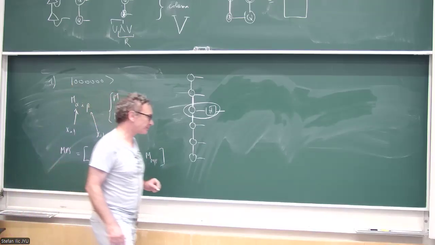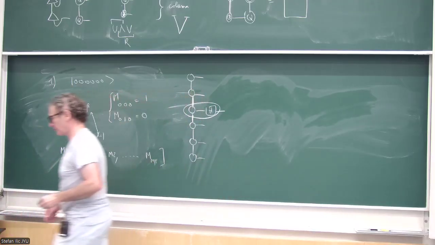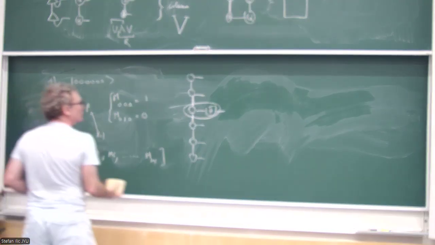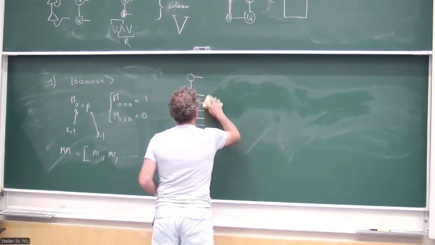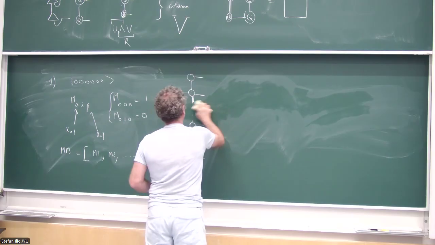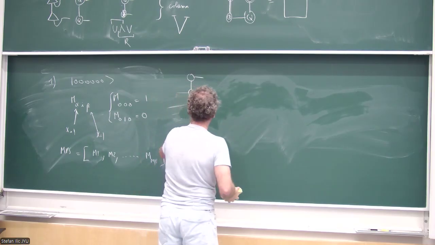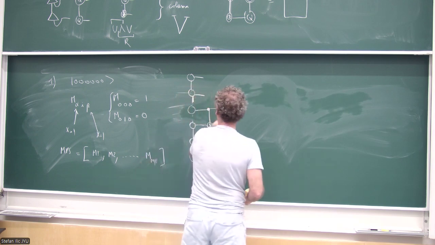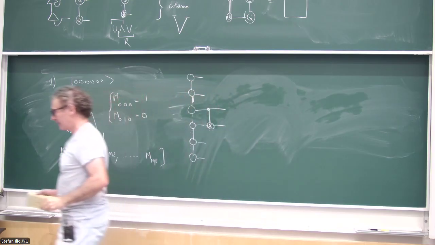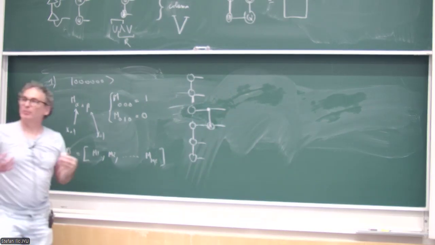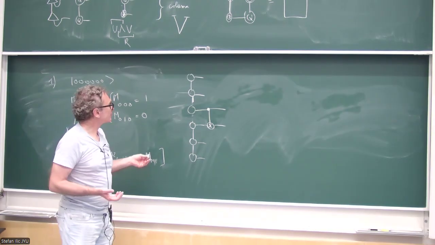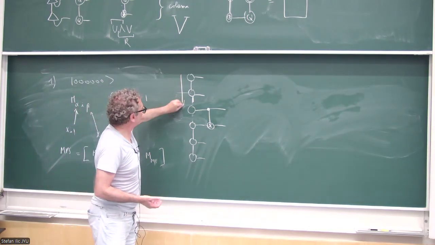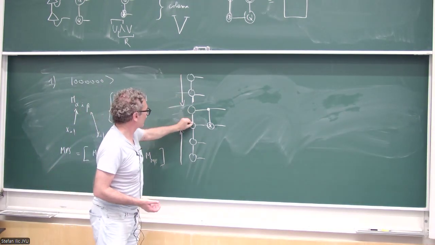But now if I want to apply a 2-qubit gate, and I want to compress the state, I'm going to put the center on one of these two.